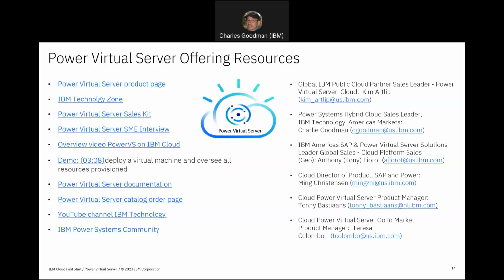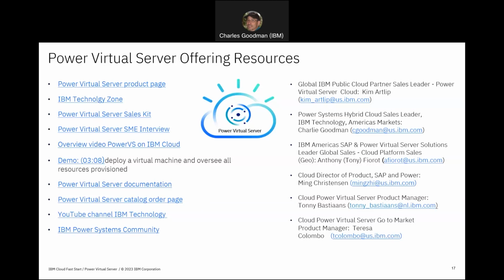And then to wrap up, here is a list of different contact people and information on Power Virtual Server, everything from our sales kits to demos to deeper information on this. I invite you to take a look at some of this and get a little bit more detail. Going down the right-hand side is contacts.